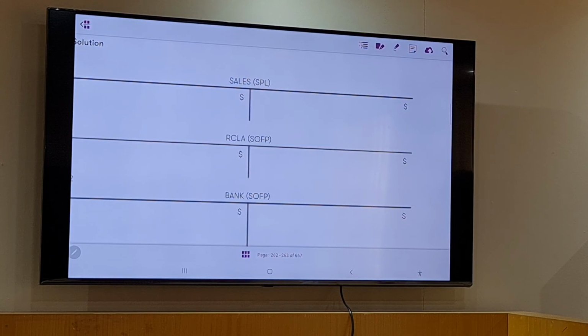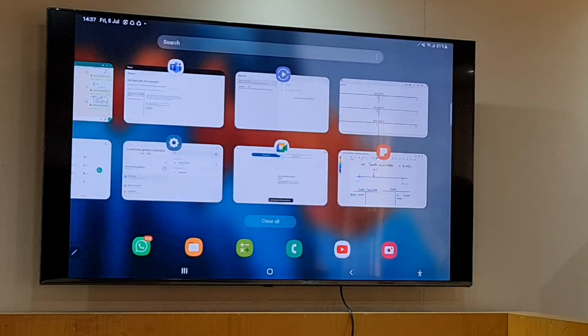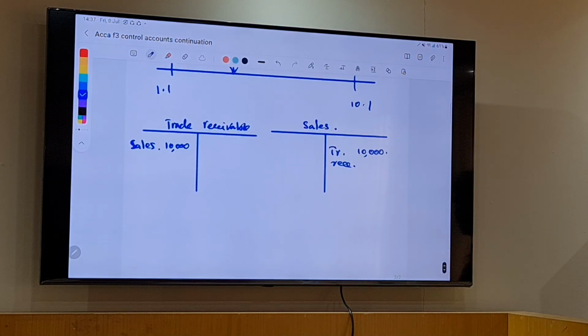Anyway, don't worry about the answer in the book. You follow the answer that I am giving also. So trade receivables, you debit 10,000, credit to sales 10,000.